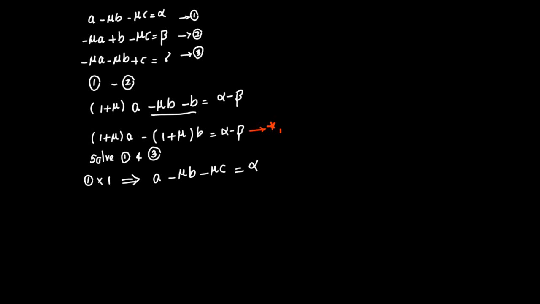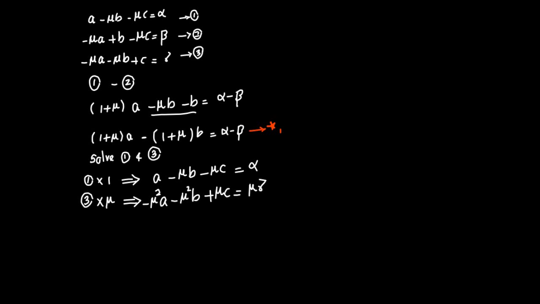And the third equation is multiplied by mu. If I multiply the third equation by mu, I will be getting minus mu square A minus mu square B plus mu C is equal to mu times gamma.